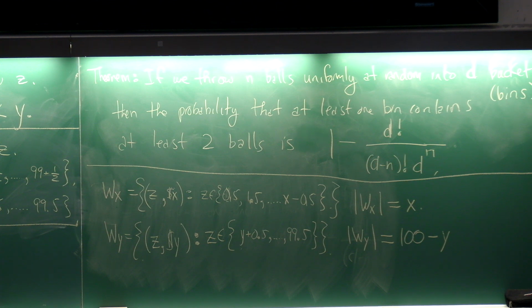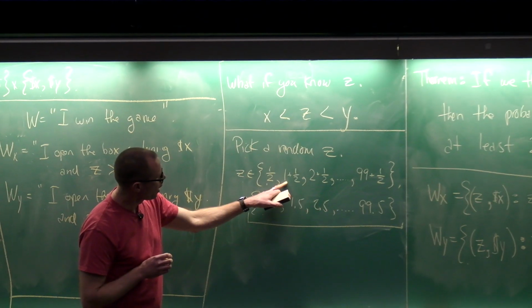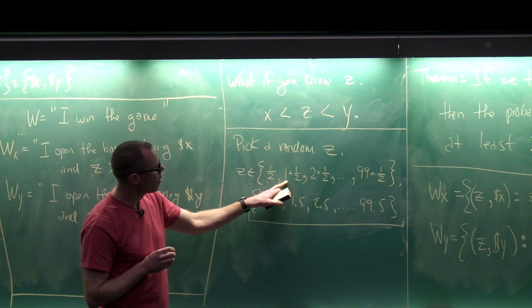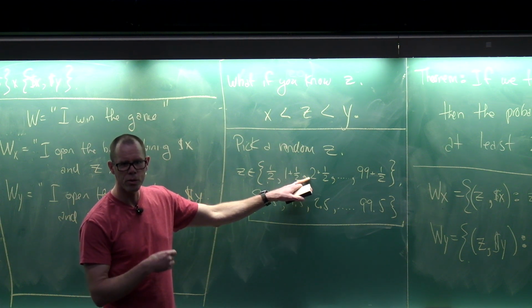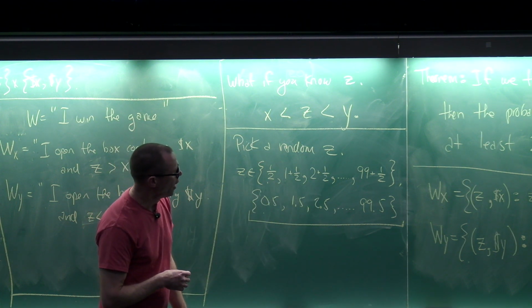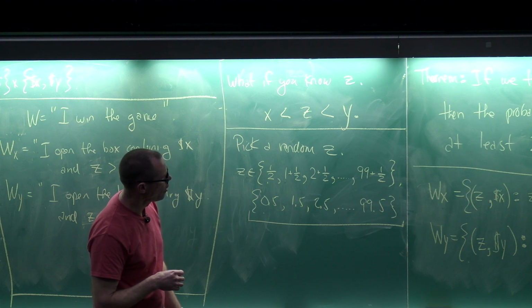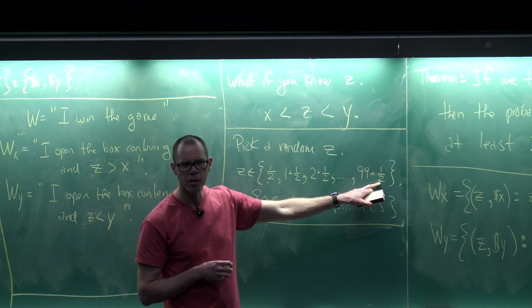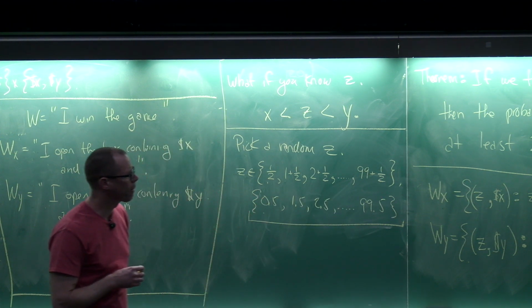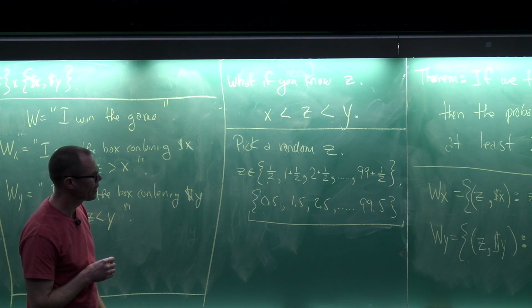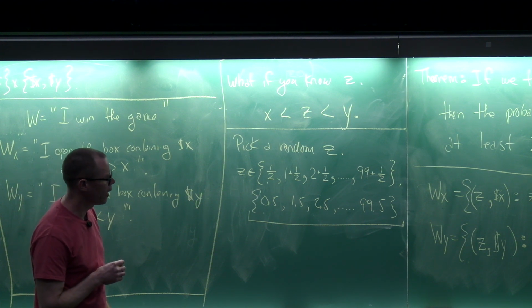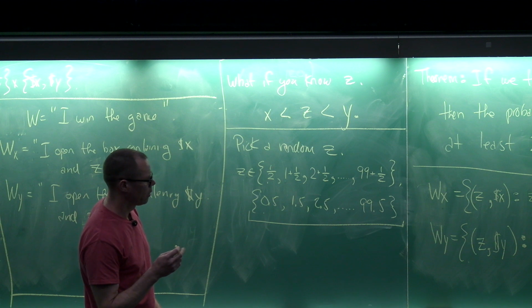Right? If y is 1, there are 99 values here bigger than y. If y is 2, there's 98, and so on. And if y is 100, there are 0 values in here that are bigger than y. Okay? Did I get that right?